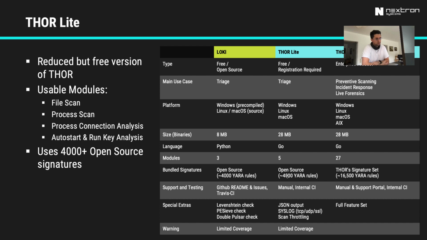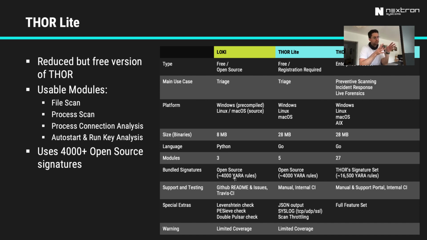Nonetheless, THOR Lite is cool. It has all the features, especially in the THOR Util utility, and the output options are the same, just a bit limited coverage. But especially regarding all the Exchange server exploitation, we have always put a lot of effort into the detection rules for all the ProxyLogon exploitation, ProxyShell exploitation, and ProxyToken exploitation in all scanners.